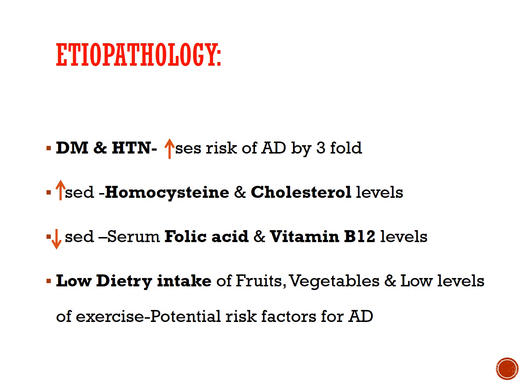Comorbid illnesses like diabetes mellitus, hypertension, and hypercholesterolemia are said to increase the risk of Alzheimer's disease. Also, deficiency of folic acid as well as vitamin B12, low dietary intake of fruits and vegetables, and a very low amount of exercise are potential risk factors for the development of Alzheimer's disease.